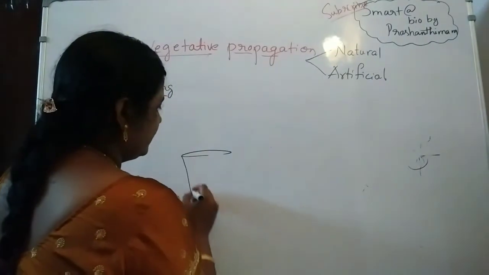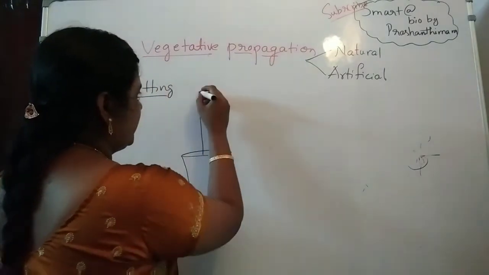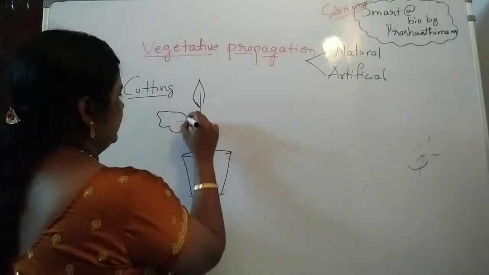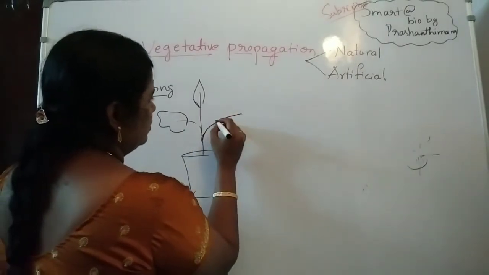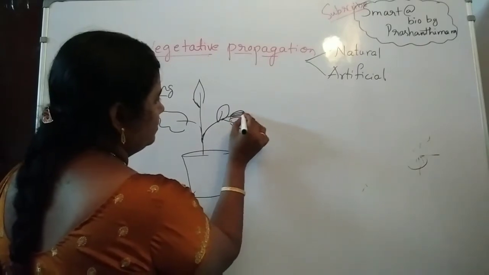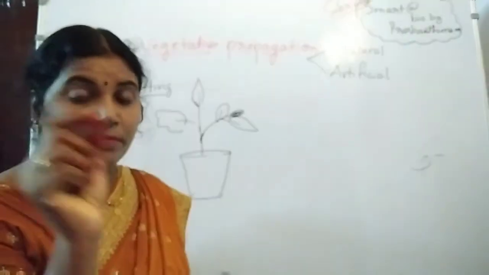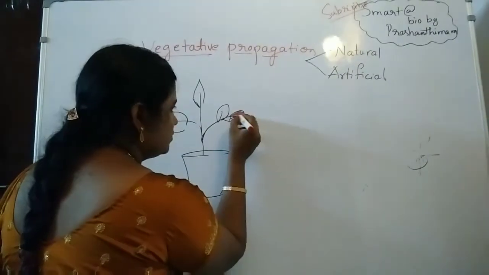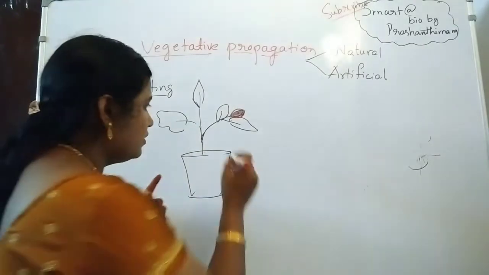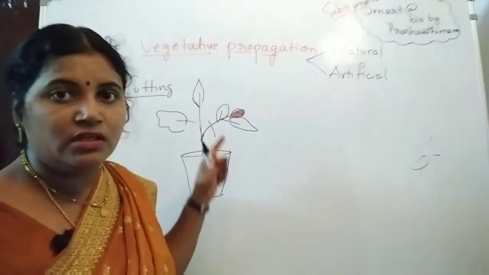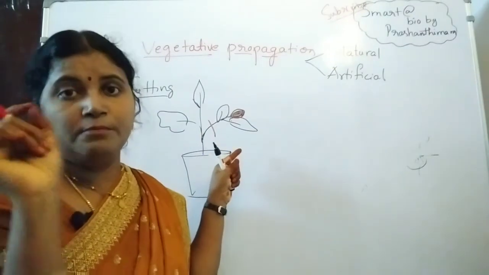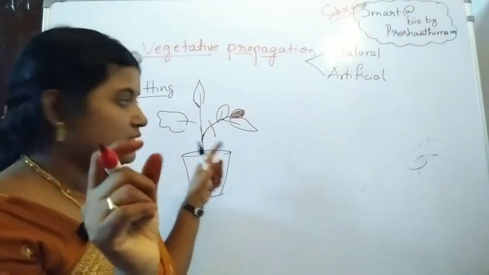We take a potted plant, which has many leaves and a small bud. We cut the part of the branch which contains a bud.